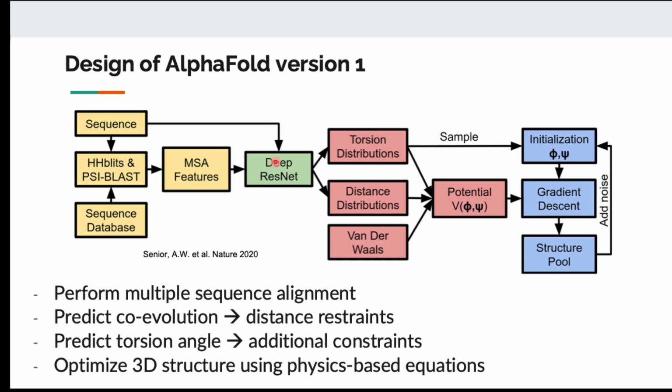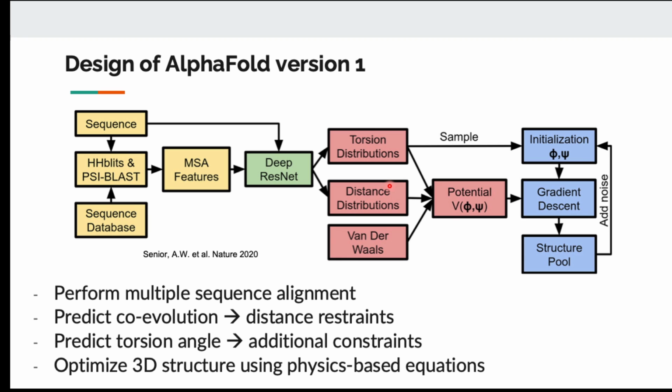And after it made that prediction, it used the co-evolution to determine whether two residues have to be near each other or not. So this distance distribution is a condition on the structure: residues 1 and 5 need to be within a certain angstrom of each other, and residues 30 and 100 need to be within a certain angstrom of each other.